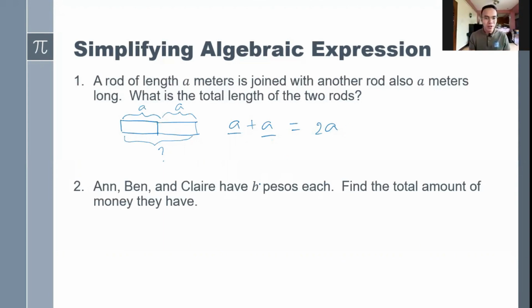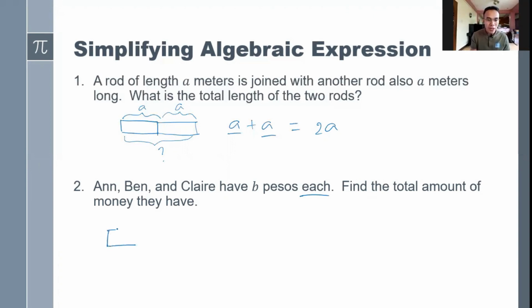Number 2, Anne, Ben and Claire have B pesos each. Okay, each one of them has B pesos. Find the total amount of money they have. So there are 3 people involved in the problem.